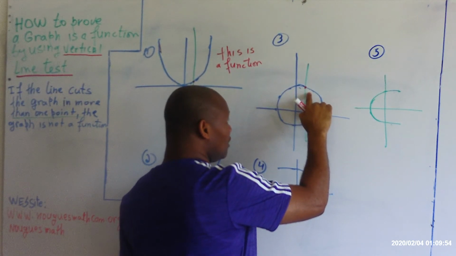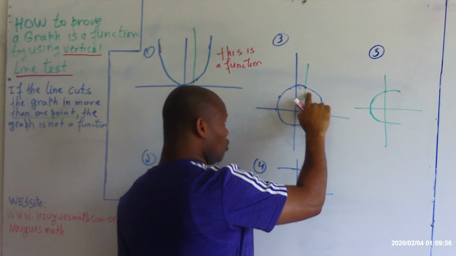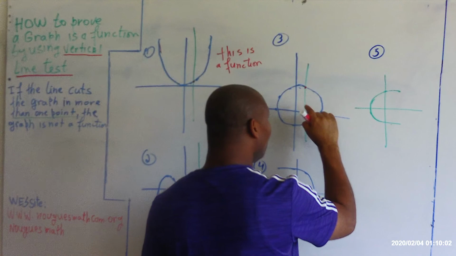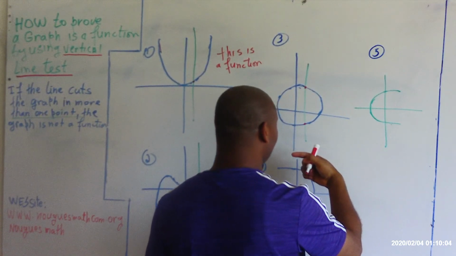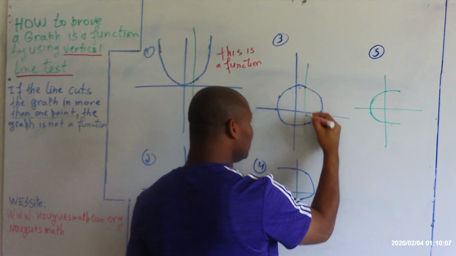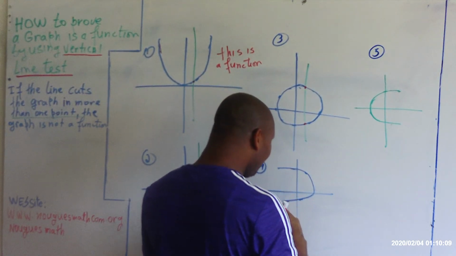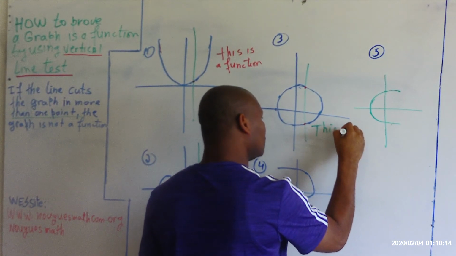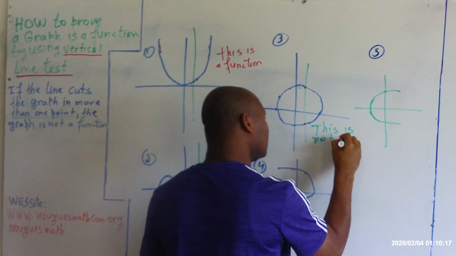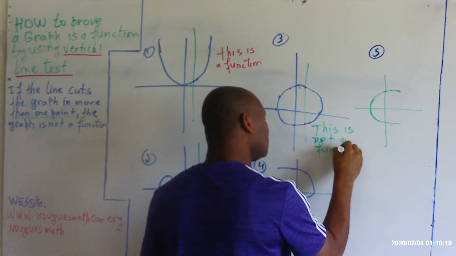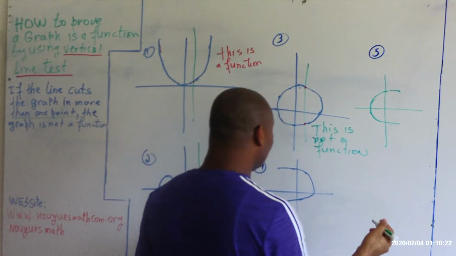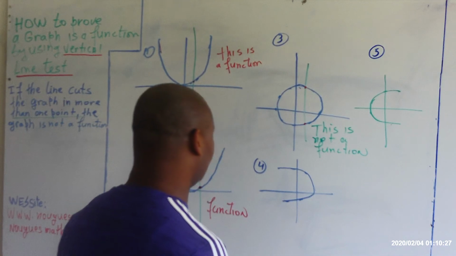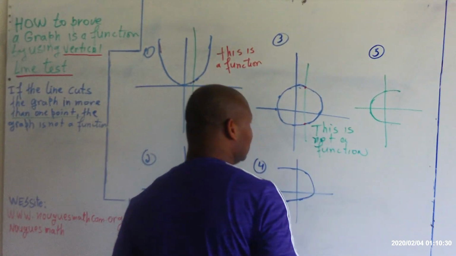For example, this is the first point, this is the second point. Therefore, this is not a function, because it cuts the graph in more than one point.